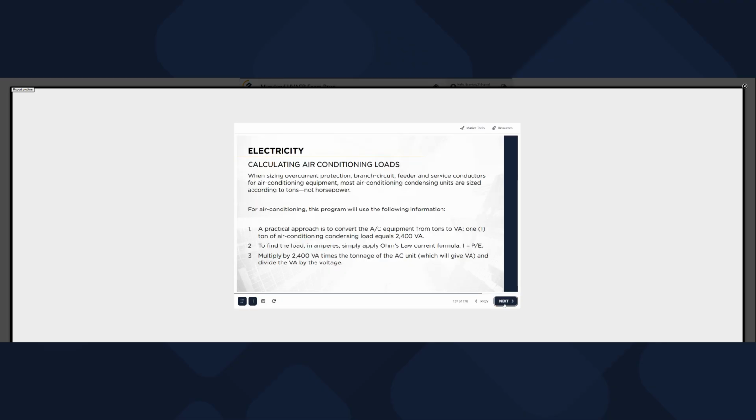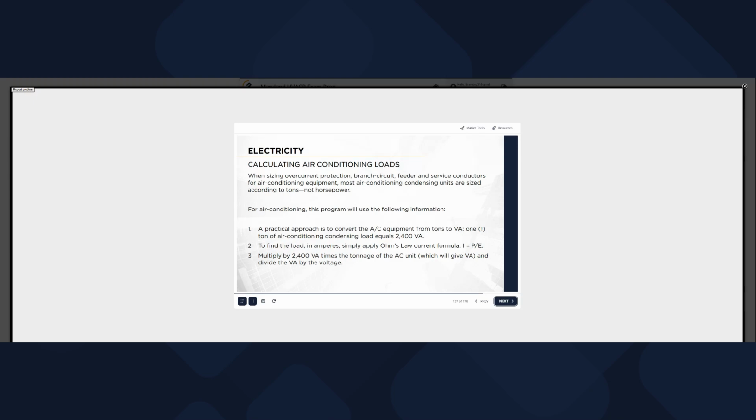Calculating air conditioning loads. When sizing overcurrent protection, branch circuit, feeder, and service conductors for air conditioning equipment, most air conditioning condensing units are sized according to tons, not horsepower. For air conditioning, this program will use the following information.